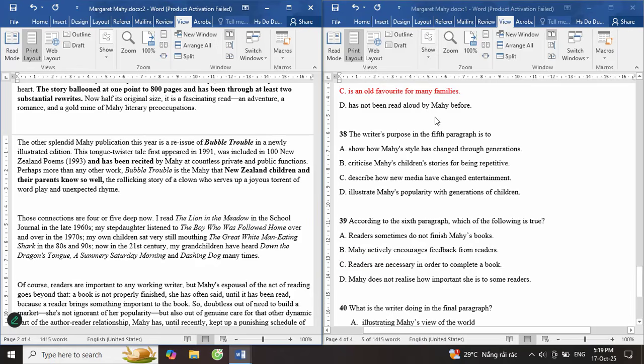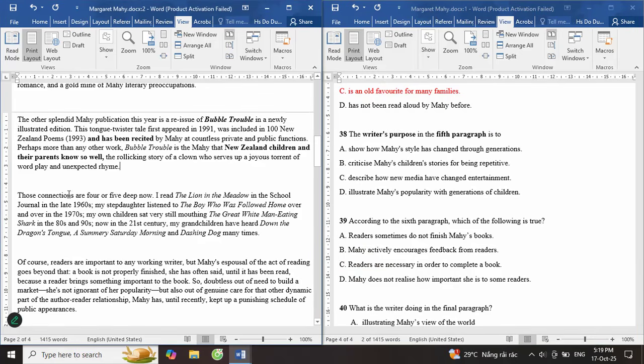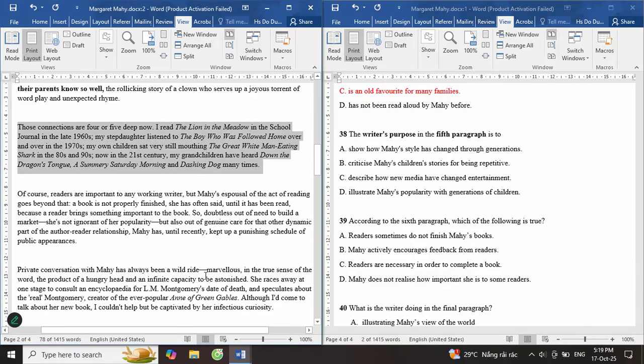Number 38, fifth paragraph, purpose. Okay, this is the fifth paragraph. Let's quickly go through this. Hey, 38 is not very tricky either.